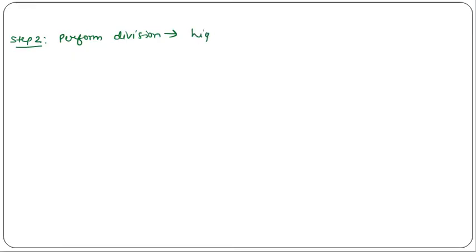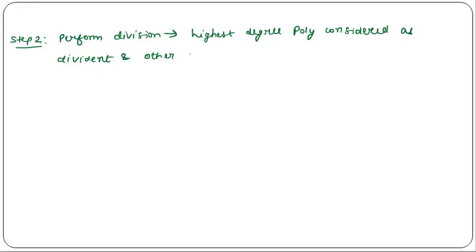It means the highest degree polynomial will be in the numerator, and it will be considered as the dividend and the other will be the divisor.